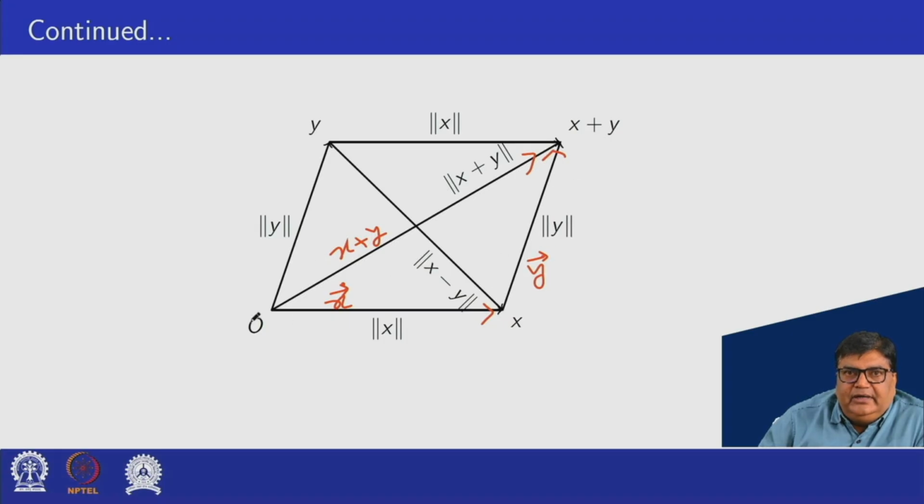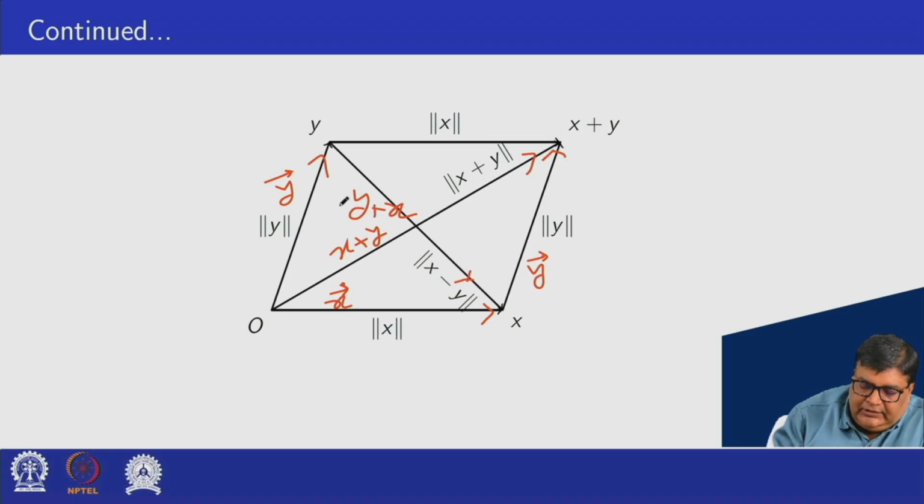Corresponding, we have this is the y vector, and this is x. So this one is the vector x minus y. This is x and this is this one. So this is x minus y.